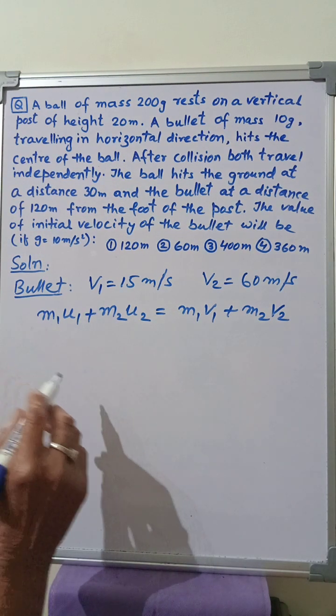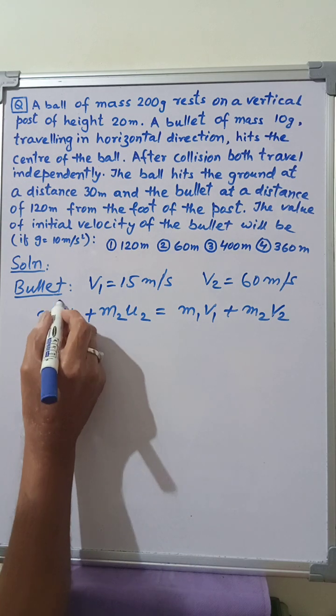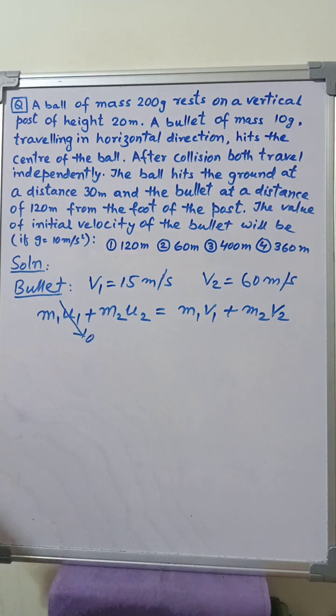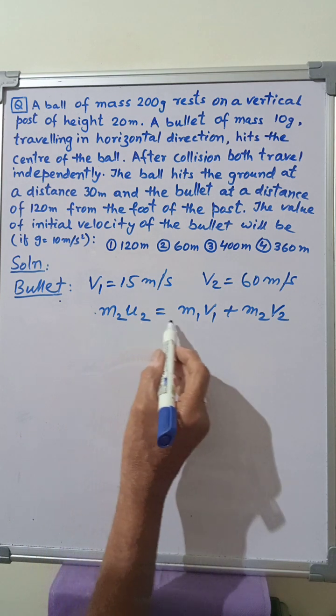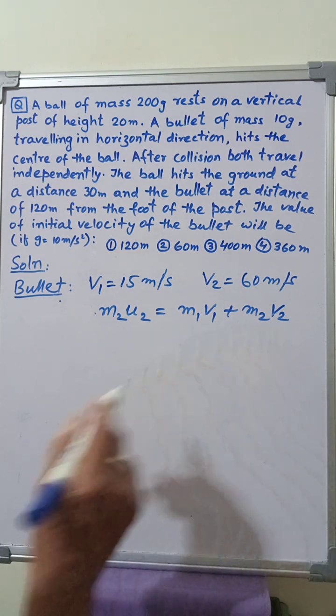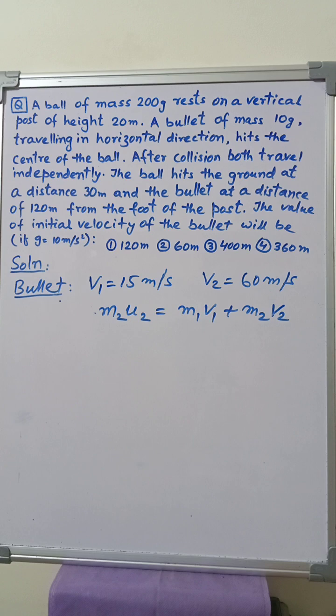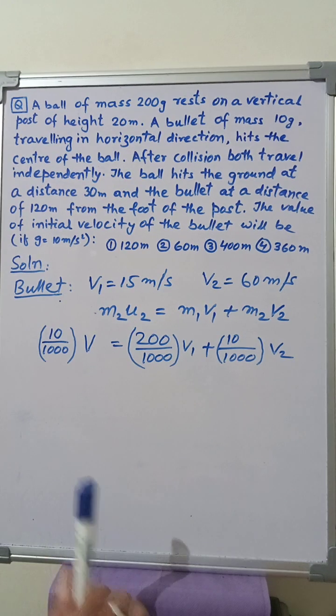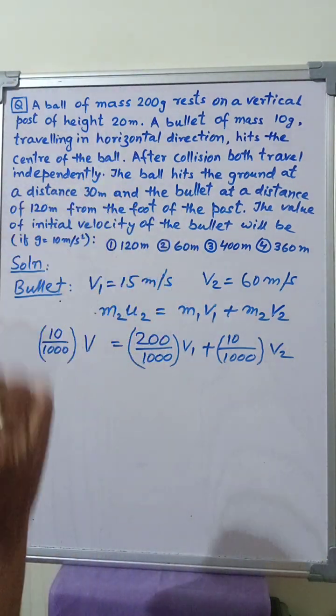Since initial velocity of the ball is equal to 0, u1 is equal to 0. Therefore, we simplify the equation, which becomes m2 u2 is equal to m1 v1 plus m2 v2. Now putting the values, the mass of the bullet is equal to 10 grams.